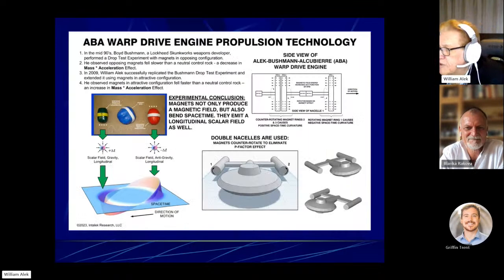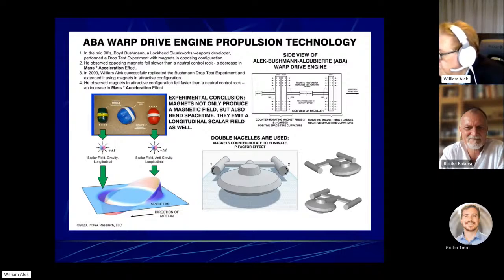And so I came up with what's called the ABBA warp drive engine propulsion technology, where you see magnets in the attractive configuration and then magnets in the opposing configuration, and you spin them. When you spin them, you get something called the Barnett effect. And when you spin them in counter-rotating fashion, you get a counter-rotating setup that eliminates what's called the P factor.